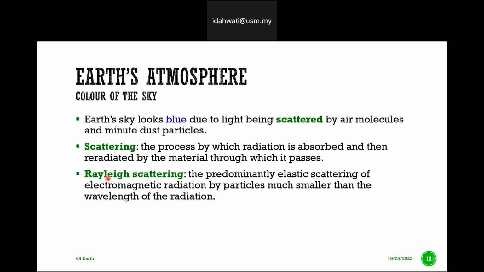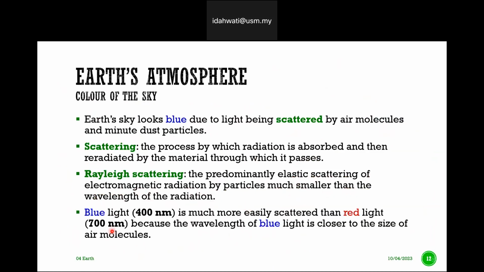Rayleigh scattering is the predominantly elastic scattering of electromagnetic radiation by particles much smaller than the wavelength of the radiation. Blue light, about 400 nanometer in wavelength, is much more easily scattered than red light, about 700 nanometer, because the wavelength of blue light is closer to the size of the air molecules.